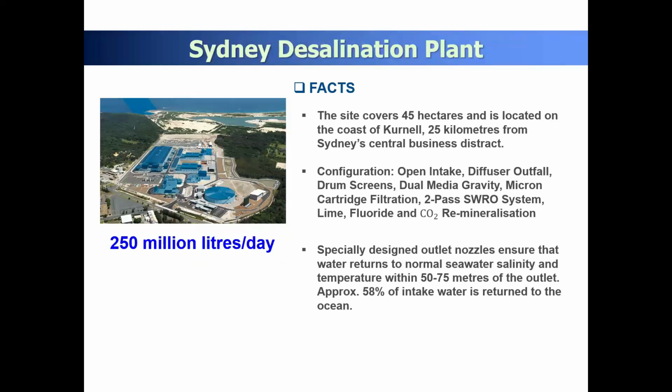You can select whatever you like. How about Sydney's desalination plant? Let's look more carefully. At this moment, we don't operate it fully because we have enough water sources. It was designed for 250 million liters per day. The site covers 45 hectares, located on the coast at Kurnell, near the airport, and 25 kilometers from Sydney's central business district.